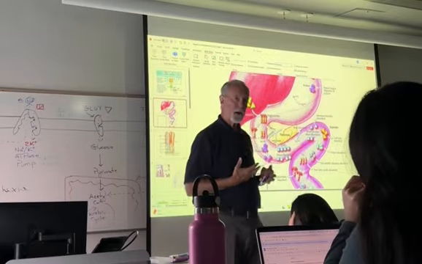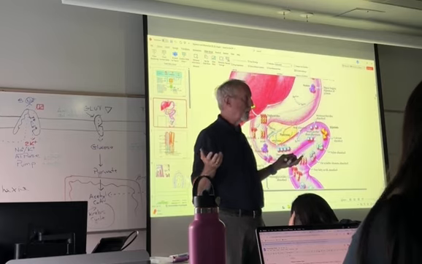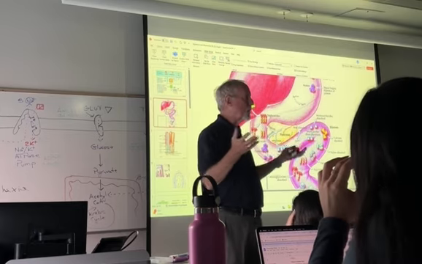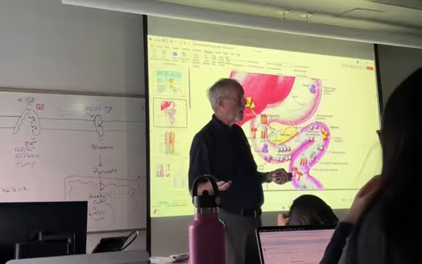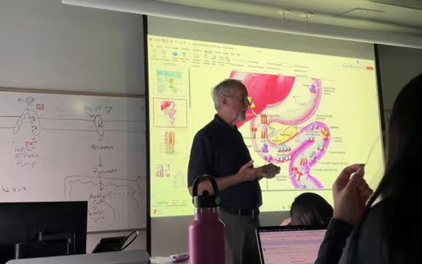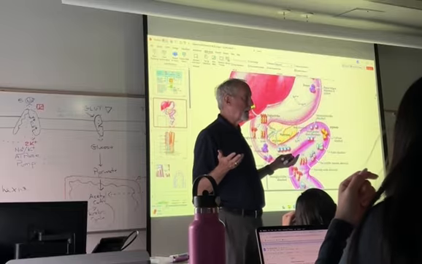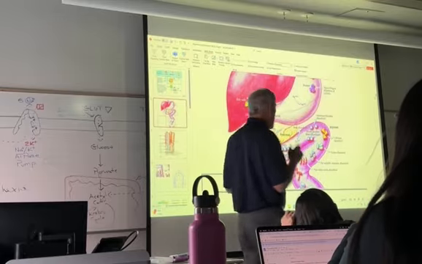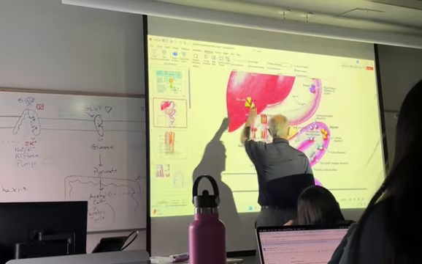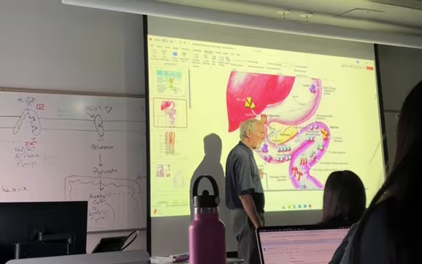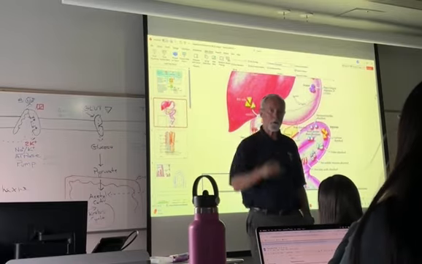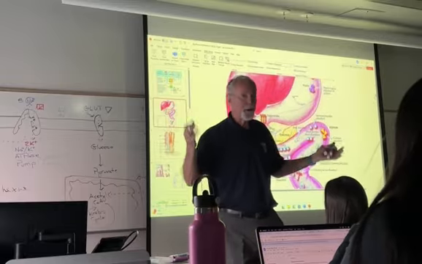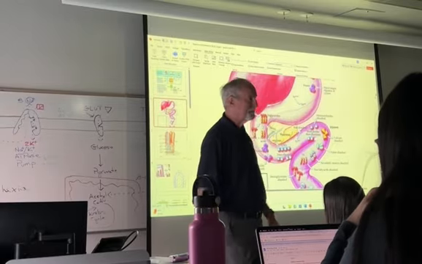Those cells are going to take up amino acids, and they're going to use those amino acids to make proteins within the cell itself. And also, if needed, they're going to use those amino acids to help make ATP. But I need you to understand that we've got a protein, we're breaking down the protein into its individual building blocks, amino acids, we're transporting those to the cells, and what is the cell doing with it? They're making proteins.